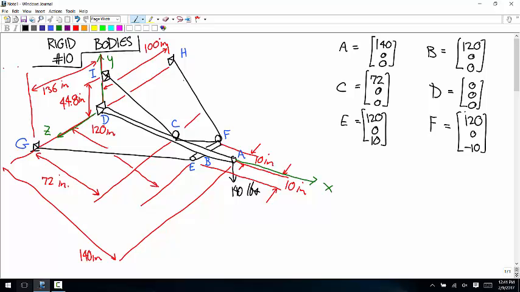And then G, from the origin, you just follow the positive z-axis 136 inches. So that's 0, 0, 136.